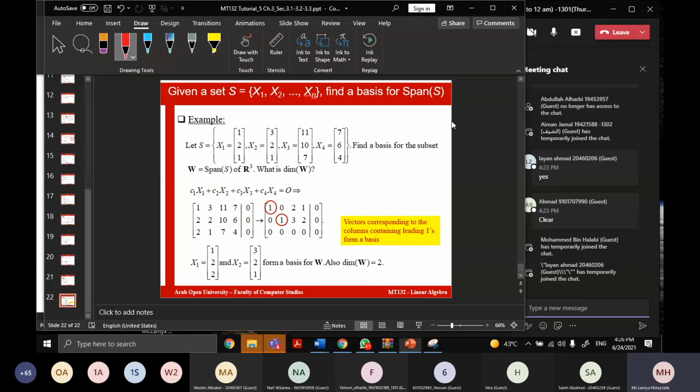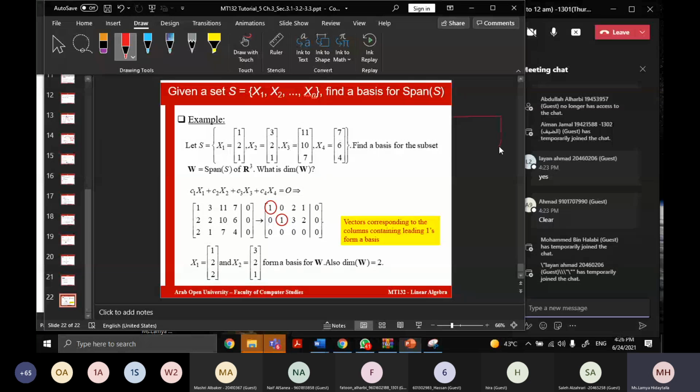Quickly, what do we have? We're talking about R3. This is your R3. Now what is your W? You have a set of elements in W. They are 4.